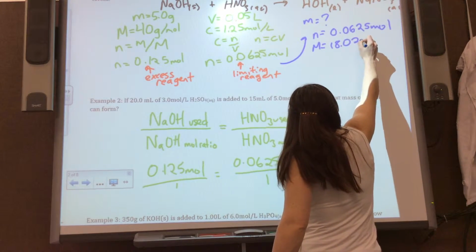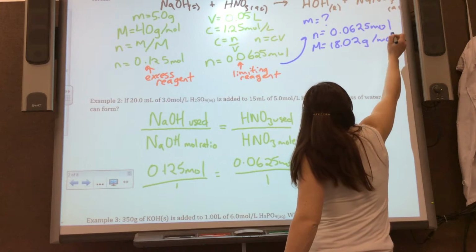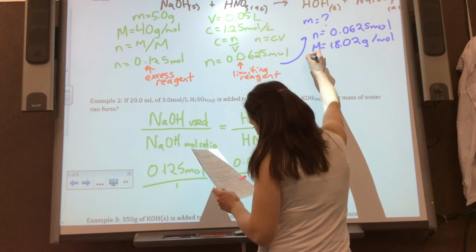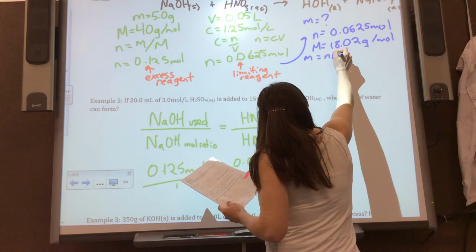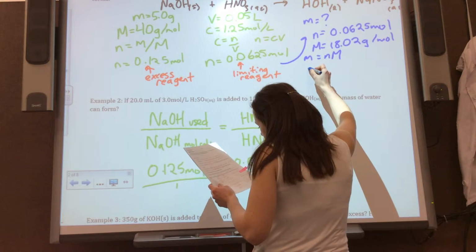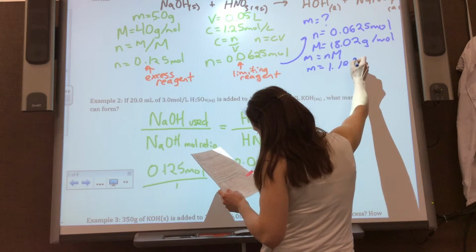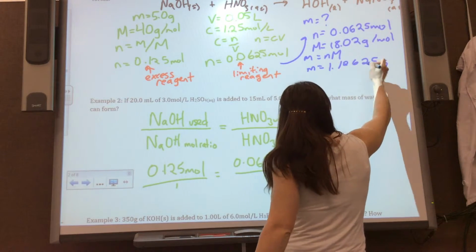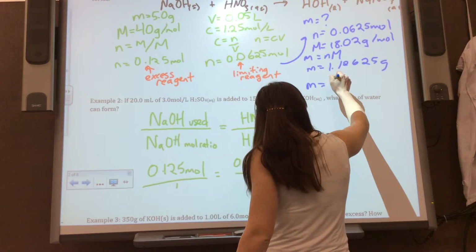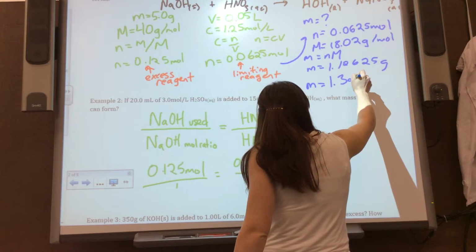Well, you don't have to have it memorized, it's just that you probably use it so much that generally you start to memorize some molar masses. So you should get 1.12625 grams, two significant digits, 1.13.